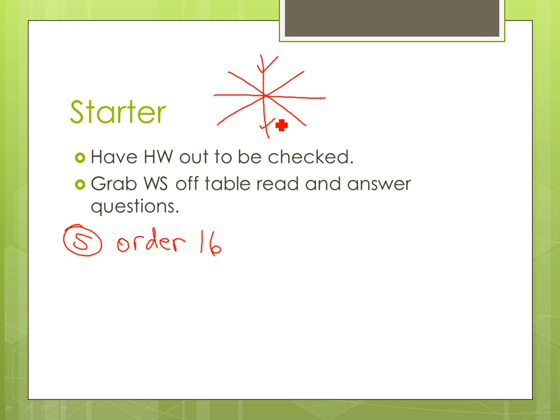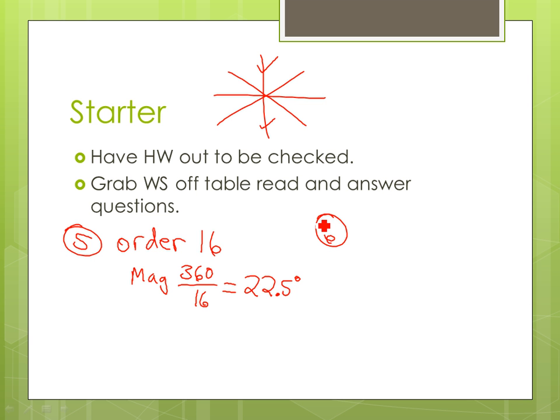But for rotational symmetry, you count both of them. And then the magnitude, 360 divided by 16 comes up to be 22.5 degrees. So every 22.5-degree turn you make of your paper, that shape looks exactly the same.